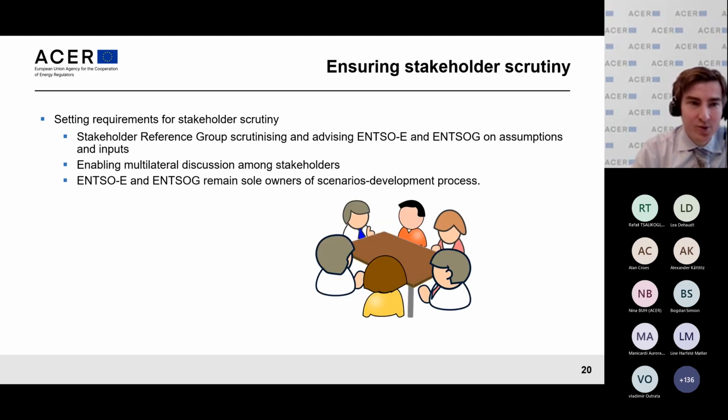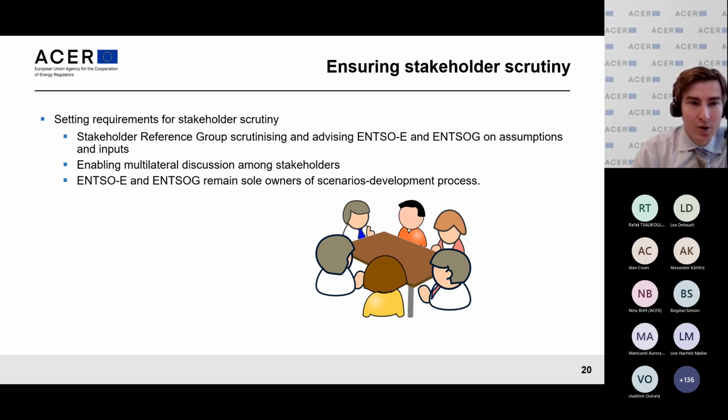Then coming back to this role of the stakeholder reference group, we foresee enhanced stakeholder scrutiny. So to have this stakeholder reference group in a role as scrutinizers, advising NSOE and NSOC on the assumptions and the inputs that underpin the scenarios that are being developed.